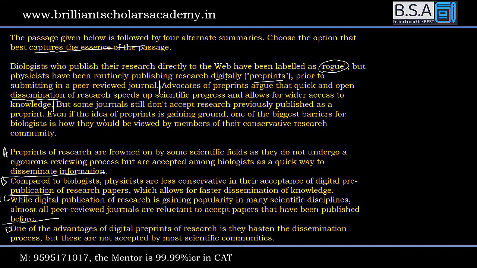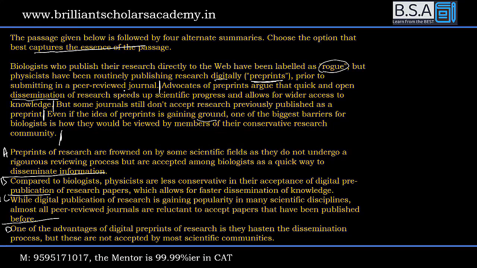But some journals still don't accept research previously published as preprint, even if the idea of preprint is gaining ground. One of the biggest barriers for biologists is how they would be viewed by members of their conservative research community. So basically, the main idea is preprint.